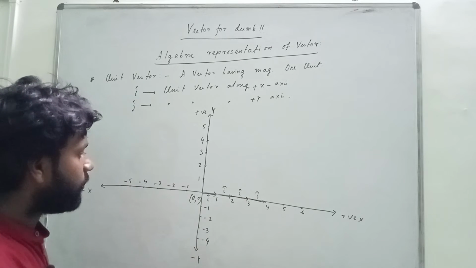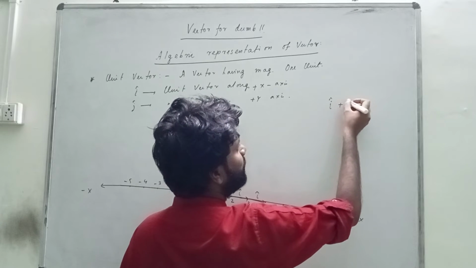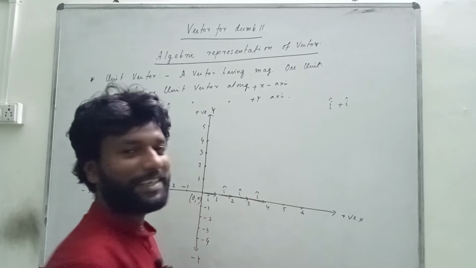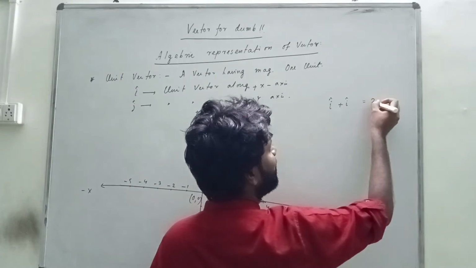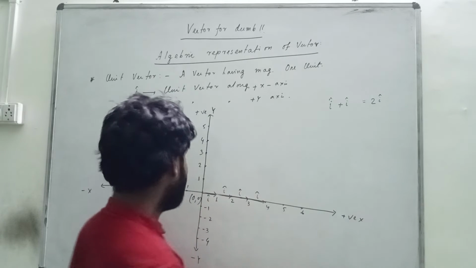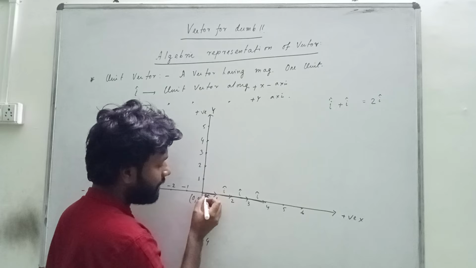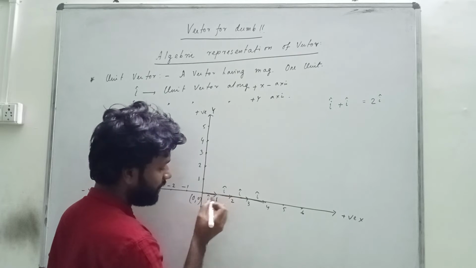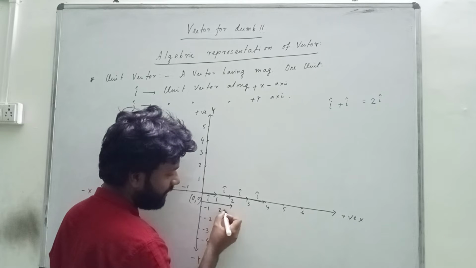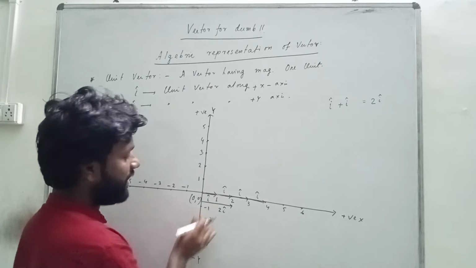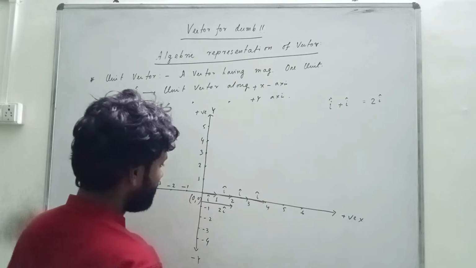And all of you know, I cap plus I cap, what will happen? It is very simple: 2 I cap. Here is the I cap and here is the I cap, so if you add them, I cap plus I cap is 2 I cap.